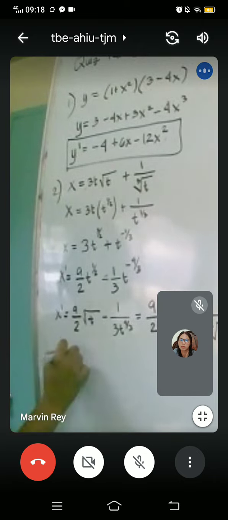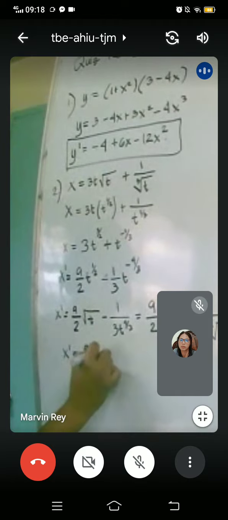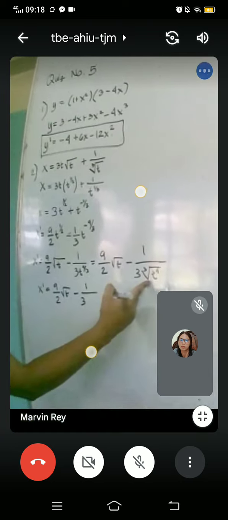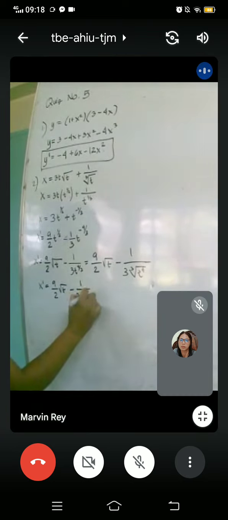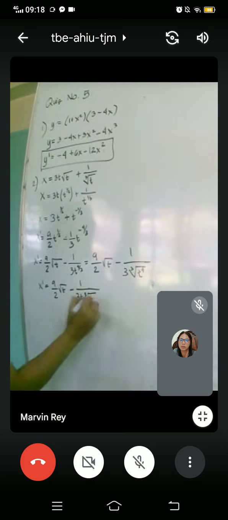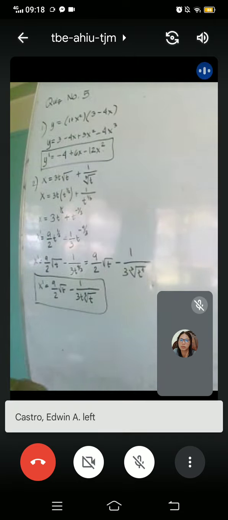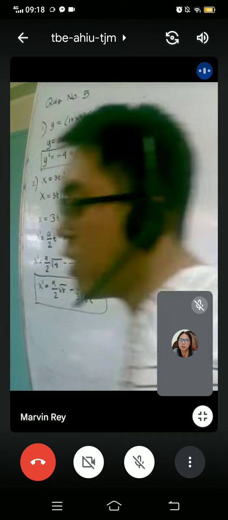So x prime is 9 over 2 square root of t minus 1 over 3 cube root of t to the 4. You can take one t out, so one cube root of t comes out, and what remains is t to the 1. So your final answer is x prime equals 9 over 2 square root of t minus 1 all over 3t cube root of t.